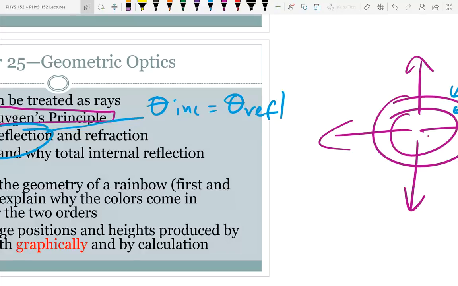Between the surface normal and the incident ray. The theta reflected is between the surface normal and the reflected ray. For reflections, that's not super important, but for refraction, it's ultimately important. And so we use the same rule for both.